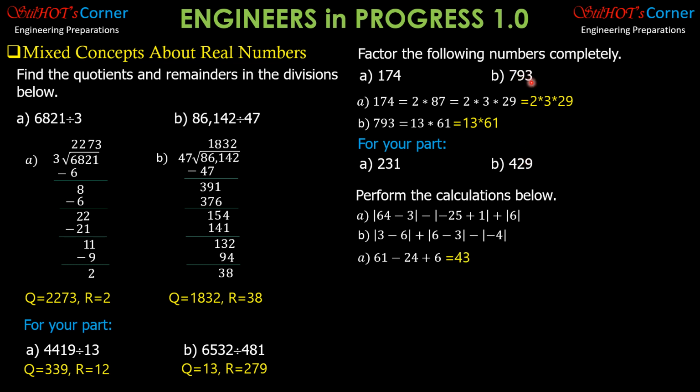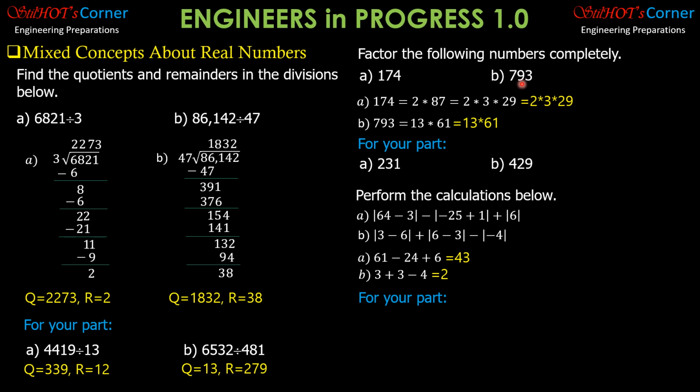Not divisible by 5. Next prime number is 7. Let's try 7. 7 divided by 7 is 1. 1 times 7 is 7. So 0. Bring down 9. 9 divided by 7, 1. 1 times 7, 7. 9 minus 7 is 2. Bring down 3. 23 cannot be divided by 7. So 7 is not a factor.